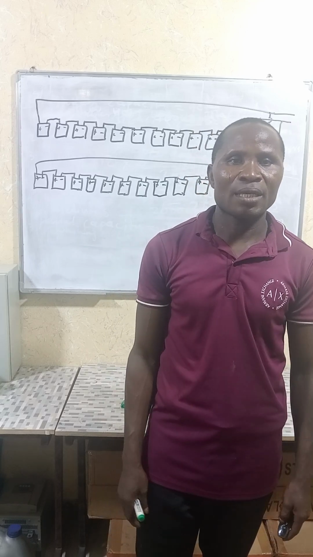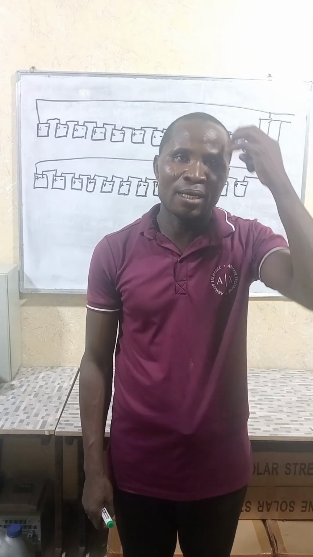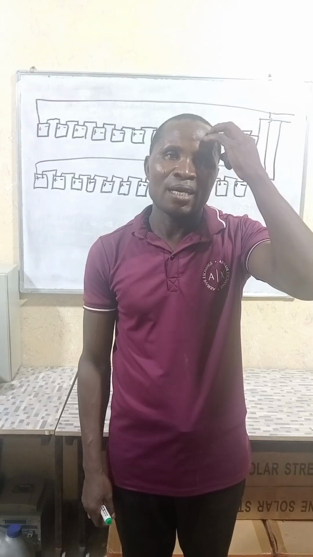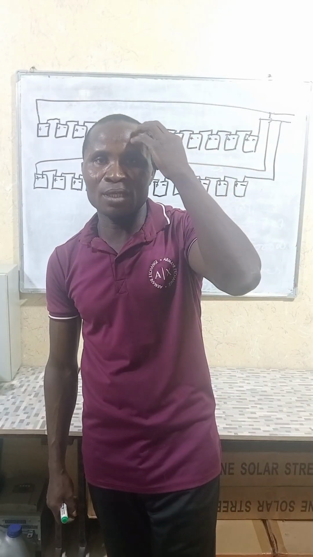The maximum power voltage is 39 to 41. The short circuit current is 13.5 to 14.6. The maximum power current is 12 to 13.9. The module efficiency is 21 to 23%. Then the power tolerance is minus or plus 5 watts.